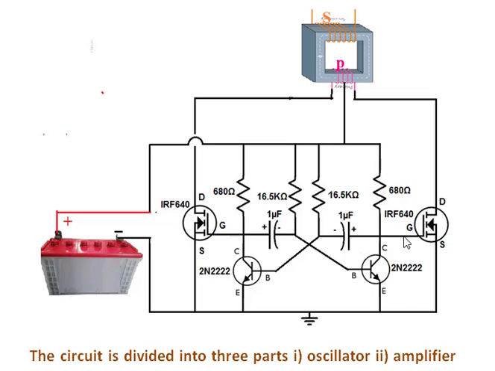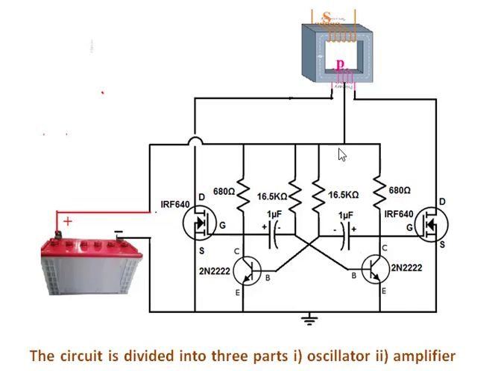The metal oxide field effect transistor converts and amplifies this continuous square wave, and it is supplied to the step-up transformer.